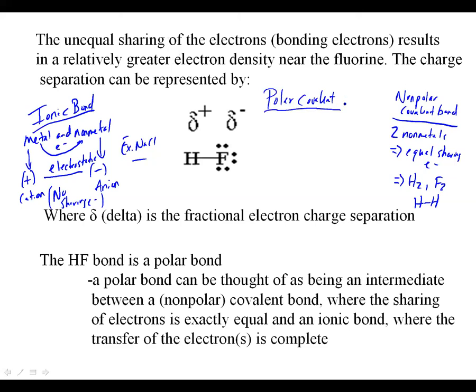And in a polar covalent bond, what we've got going on is also two nonmetals, also sharing of electrons, and it is unequal sharing of electrons. That would be an example like what we've got here.